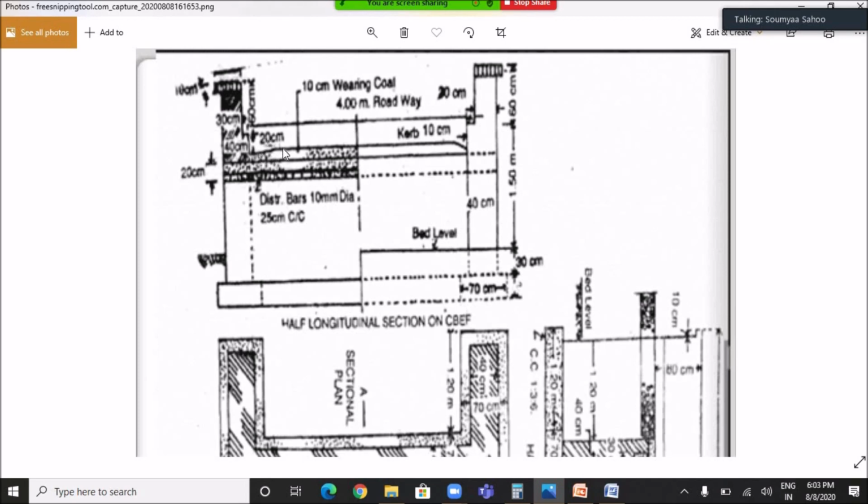So 20 centimeter plus 10 centimeter equals 30 centimeter or 0.3 meter.